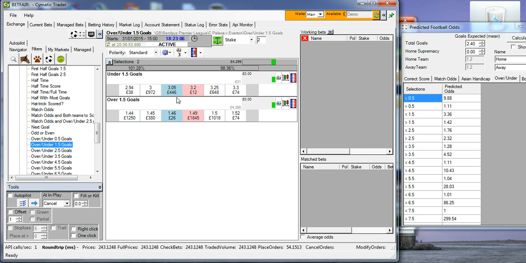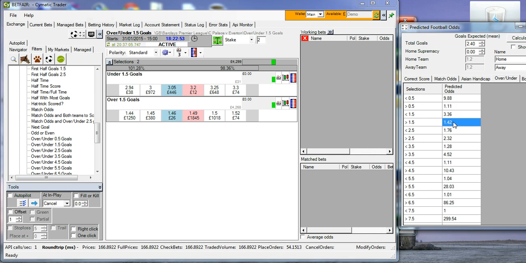And the over 1.5 goals market, the Betfair price is trading around the 1.47, 1.48ish, and statistically it should be 1.42. So perhaps over is a little bit too high, and we can trade that down, we can back that down, and we can lay the under 1.5 up.